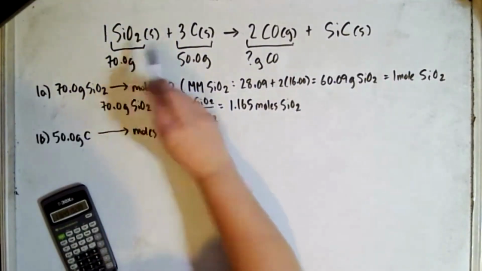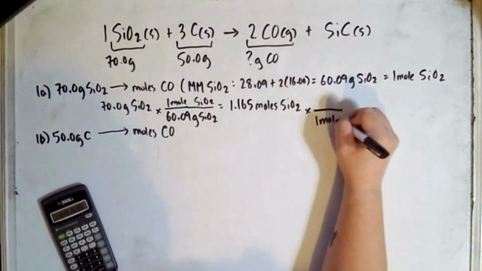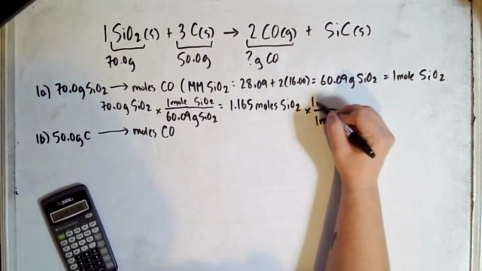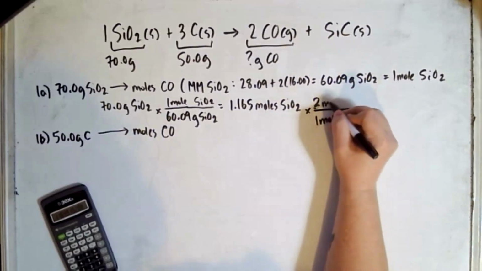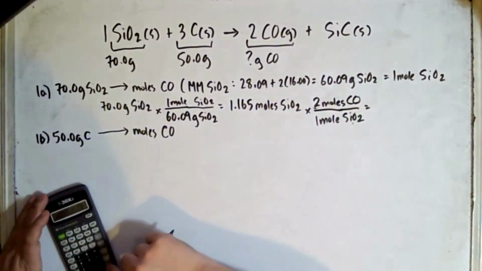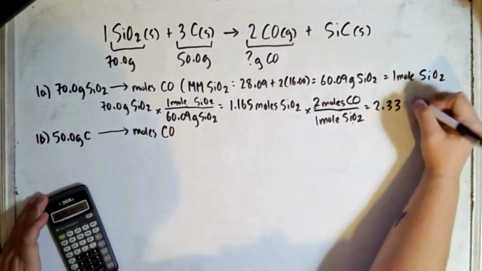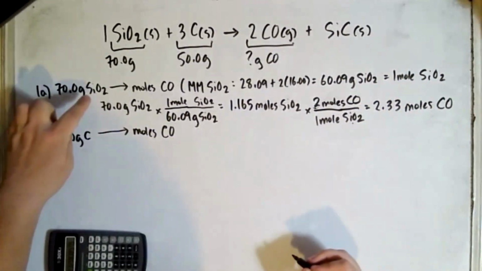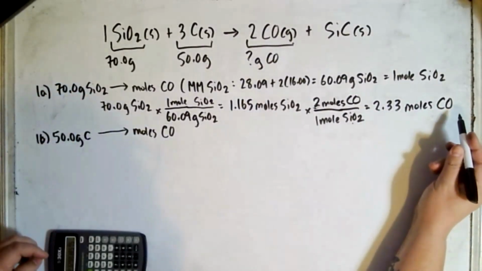Every 1 mole of SiO2 makes 2 moles of carbon monoxide. So we're going to put our mole of SiO2 on the bottom so that our units cancel out. And we're going to put our 2 moles of carbon monoxide up top. Okay, so if we use up all of our silicon dioxide, we can make 2.33 moles of carbon monoxide.